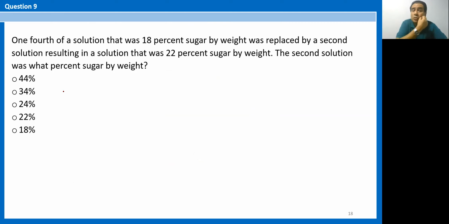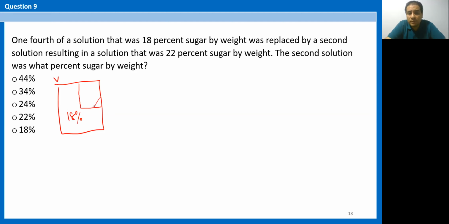There is a certain volume of a solution that was 18% sugar. But we take away the 4th part of this, remove that part of the solution, so the remaining part is just 3/4 of the original solution.